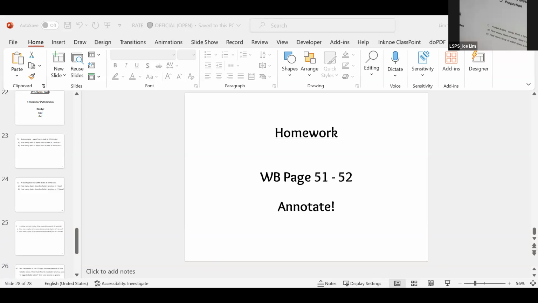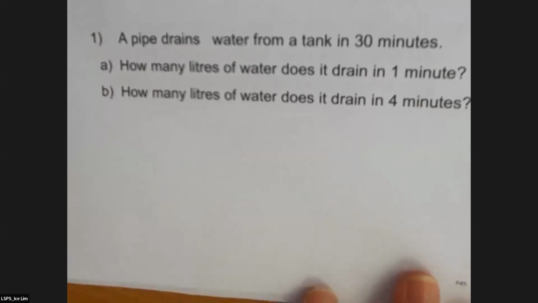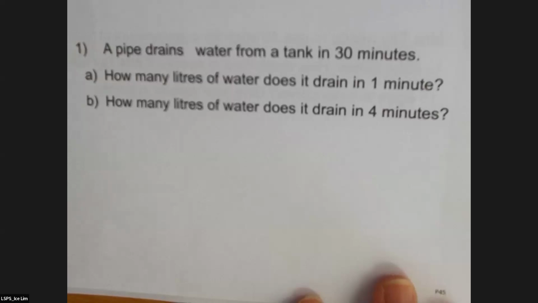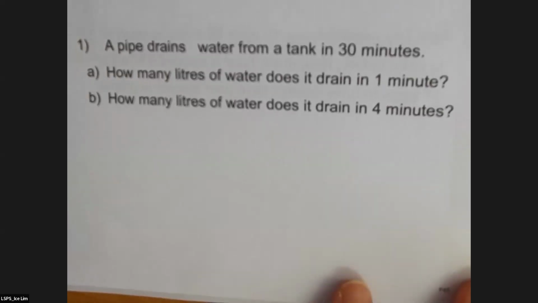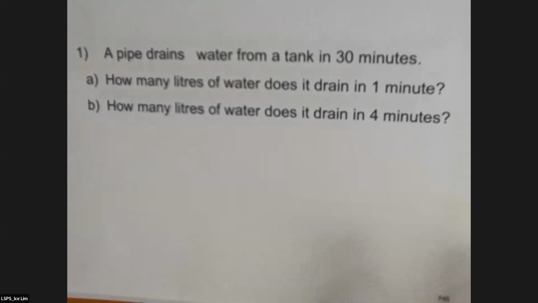What is missing with this? Why can't you solve? It doesn't say how many liters the water in the tank. Okay.